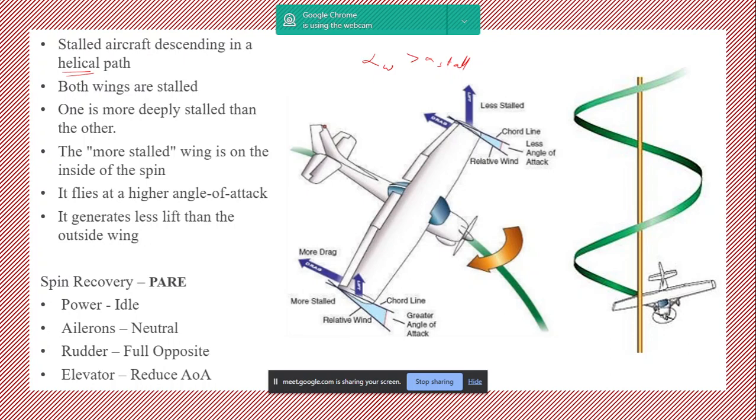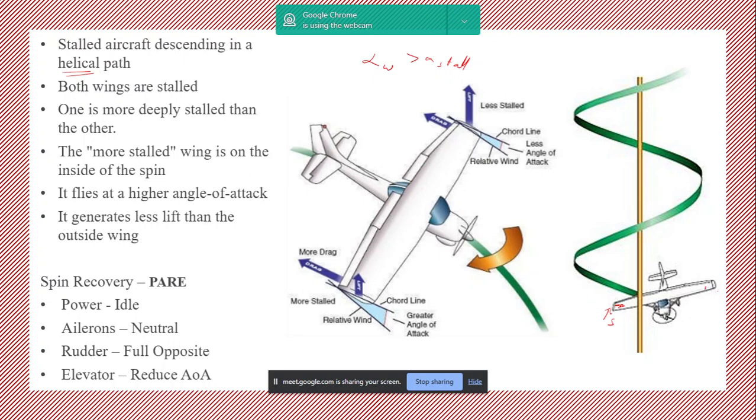When this happens, your aircraft enters into spin. Why? If you take the inside of this helical path, this wing is more stalled than this wing.